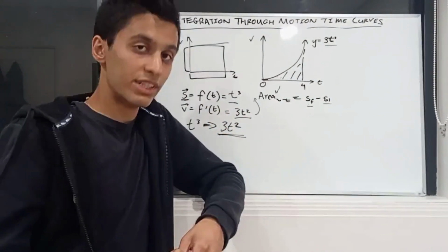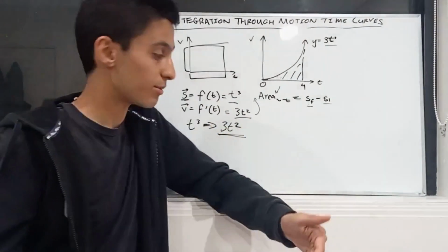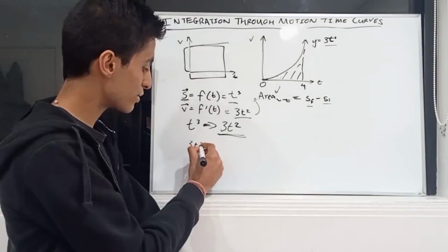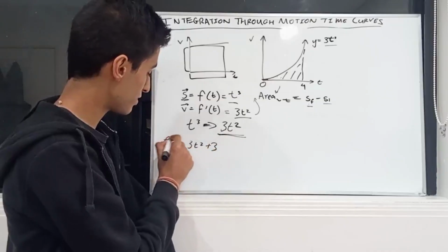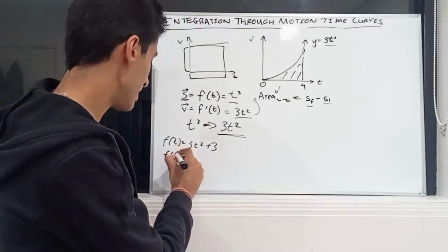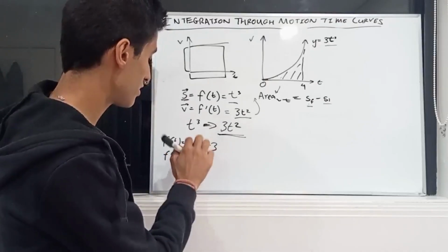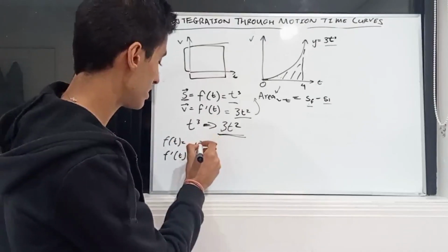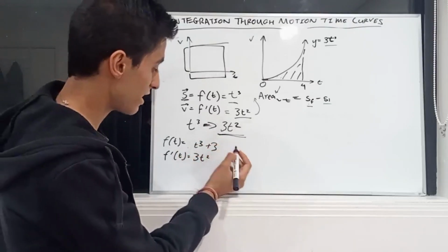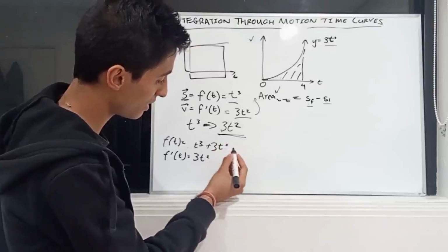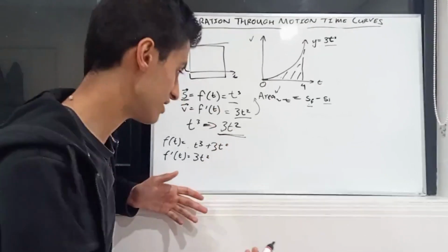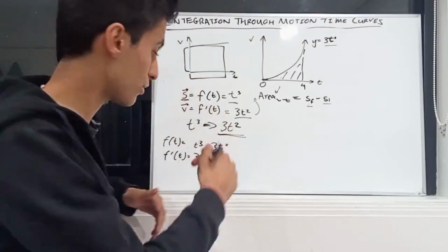Now, if you've noticed, when you differentiate something with a constant, imagine this was f of t equals t cubed plus 3. If we were to differentiate this, we'd get f dash of t equals 3t squared, because there's a t to the power of 0 over here, which is not written explicitly, so you can put this in.